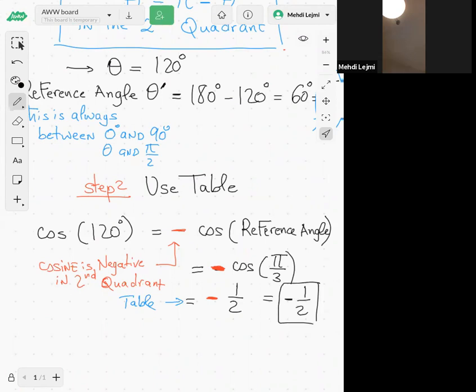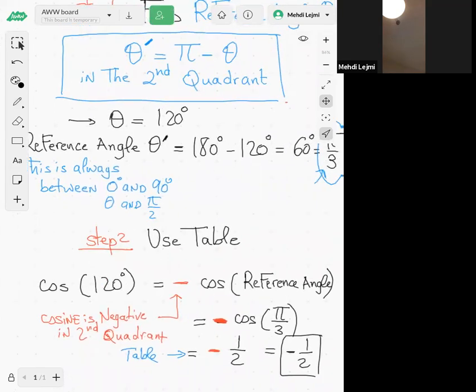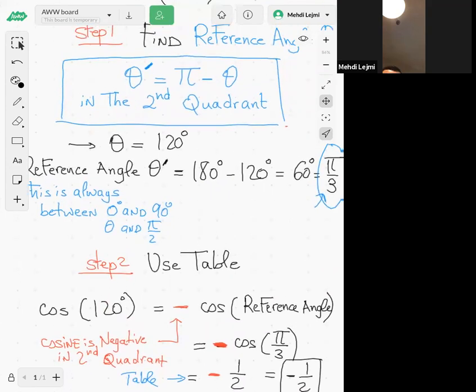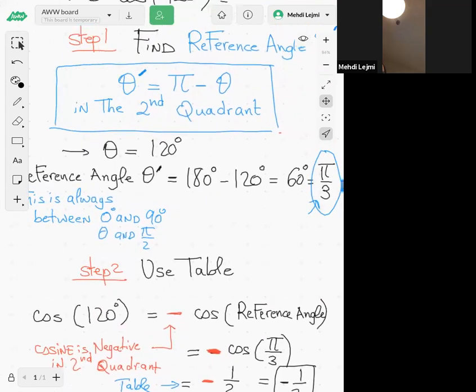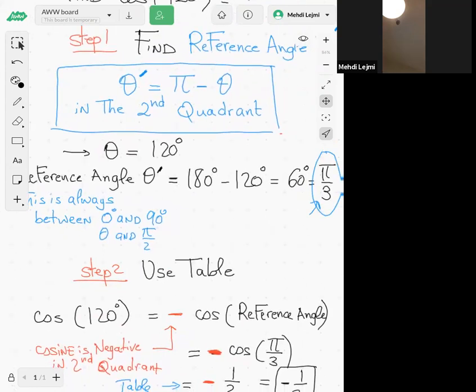Okay. So what we're going to do, guys? Whenever you want to find the cosine or sine of any angle between 90 and 360, you have to use this reference angle. But actually, the formula of the reference angle depends on the quadrant. So in the second quadrant, reference angle is pi minus theta.